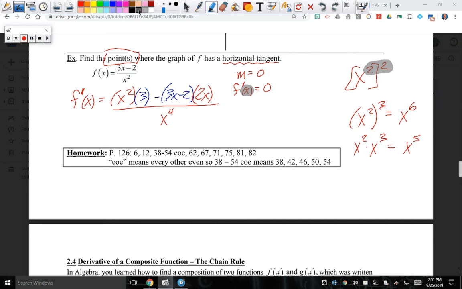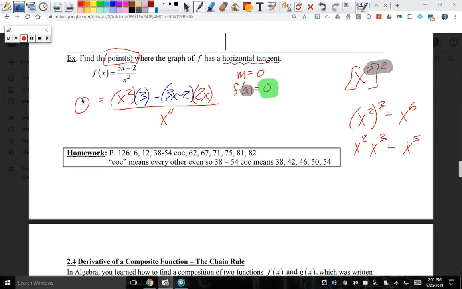We want the derivative to equal 0. That means this whole derivative function that we just got, we want it to equal 0. And on a fraction, something will equal 0 when what equals 0? The numerator, not the denominator.